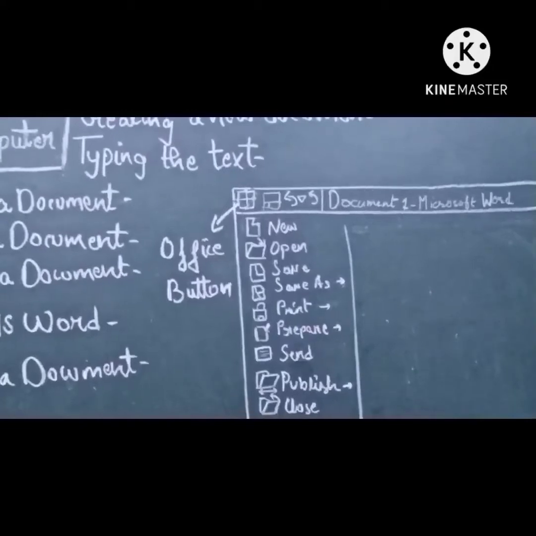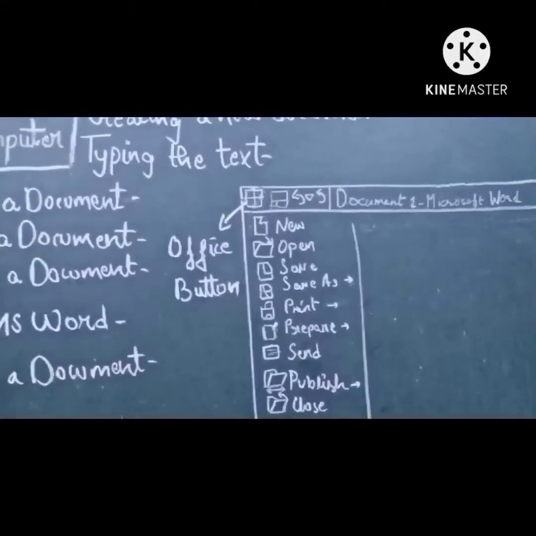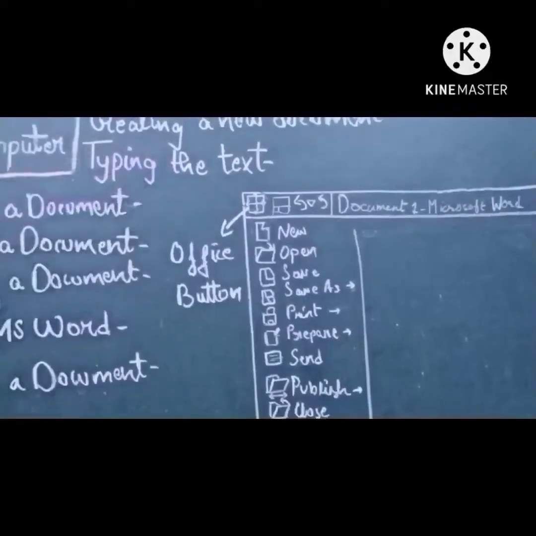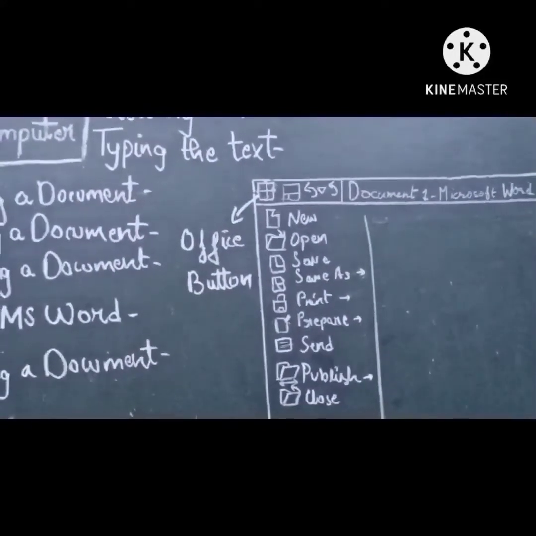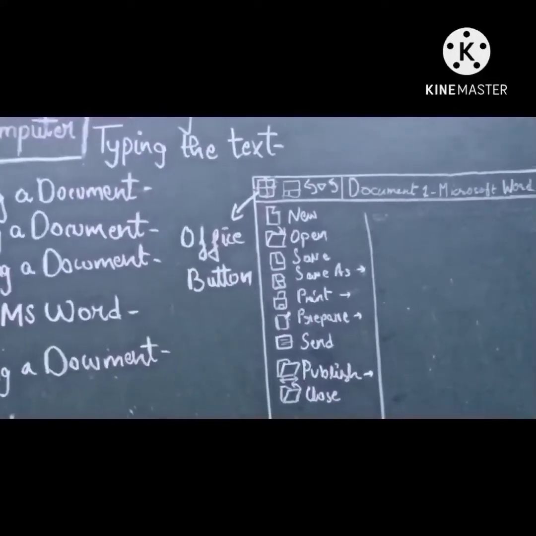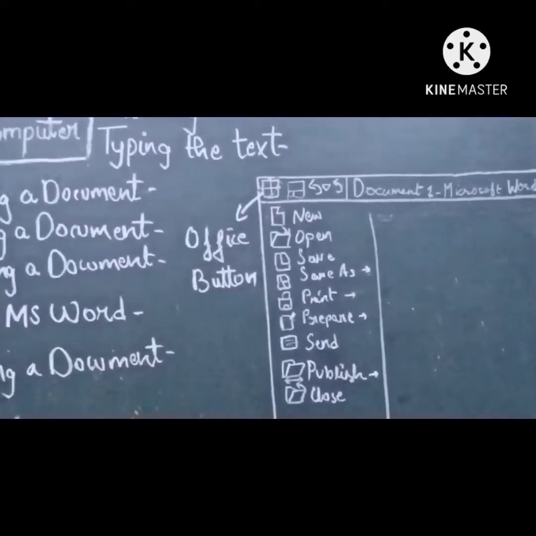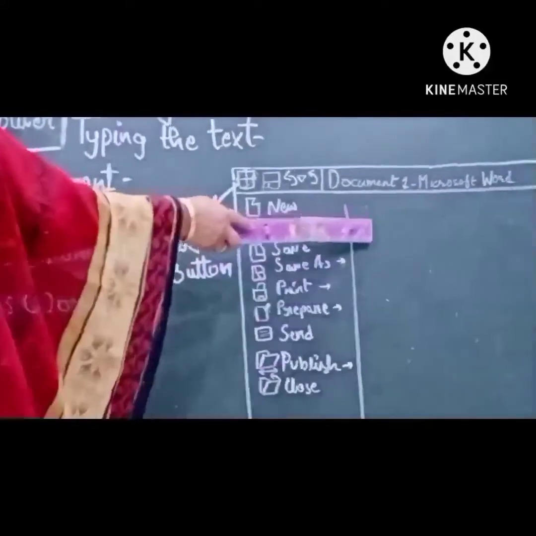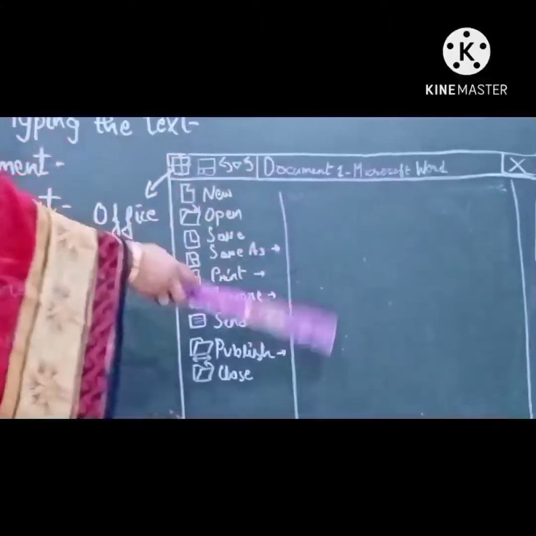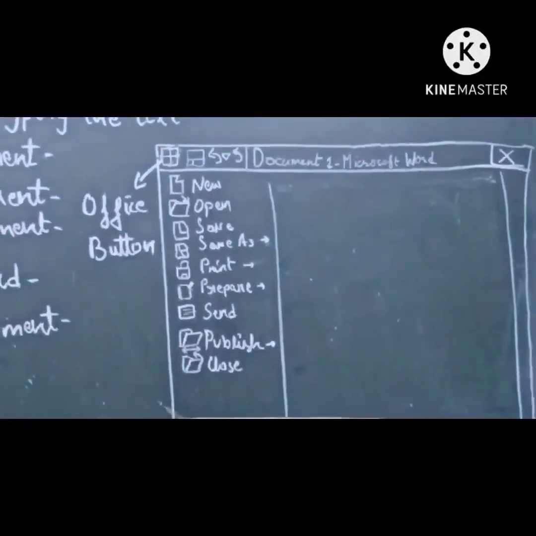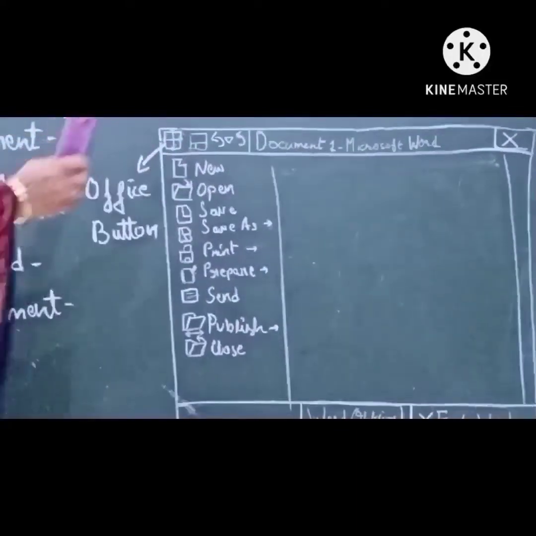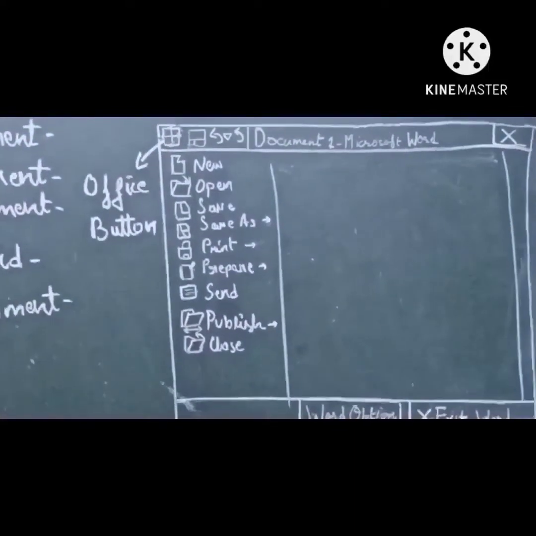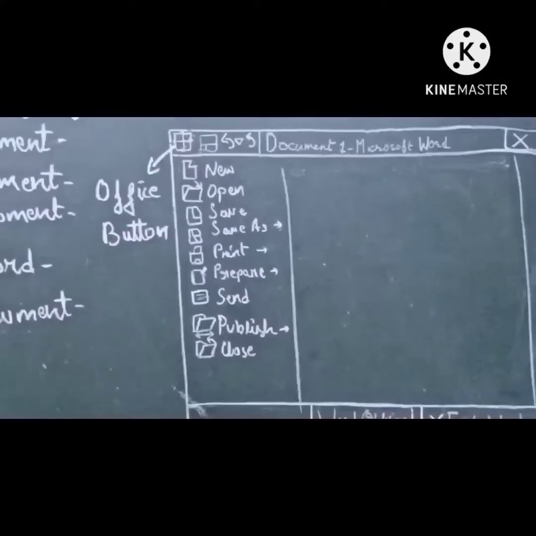Next is typing the text. How to type the text here? Children, this is your document area as I have told you before also. So children, you have to type the text here. What you have to do?